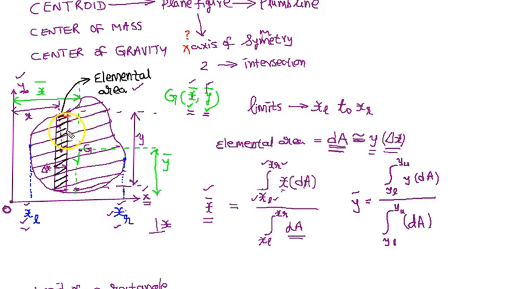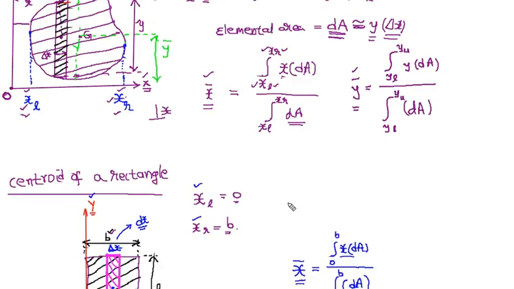When we want to find the x coordinate of the centroid, we consider the elemental area to be perpendicular to the x-axis, and when we want to find the y coordinate of the centroid, we consider an element perpendicular to the y-axis. And the integrals and the formulae for finding x bar and y bar are shown over here.